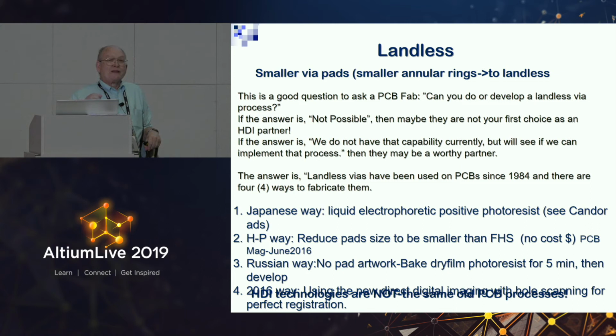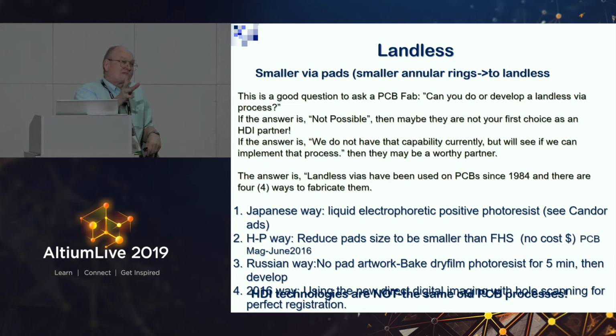What does that mean? That means as a liquid, you electroplate it onto the board. It's an offshoot of electrophoretic automotive paint, where they ground the auto body, dip it in, and they charge the paint, and the paint covers it uniformly. Well, this is the same thing, but it's a photoresist, not a paint.